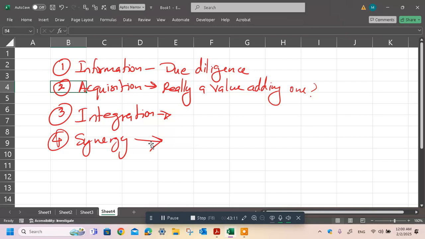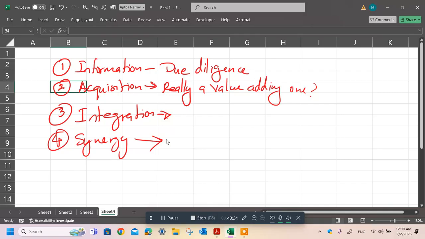We have paid this much. We thought there would be this much synergy. We expected it, but we actually don't get all that now. These are all errors in your calculations, being optimistic. So we should avoid all that. So synergy benefits must be thoroughly analyzed whether they are actually achievable or not.